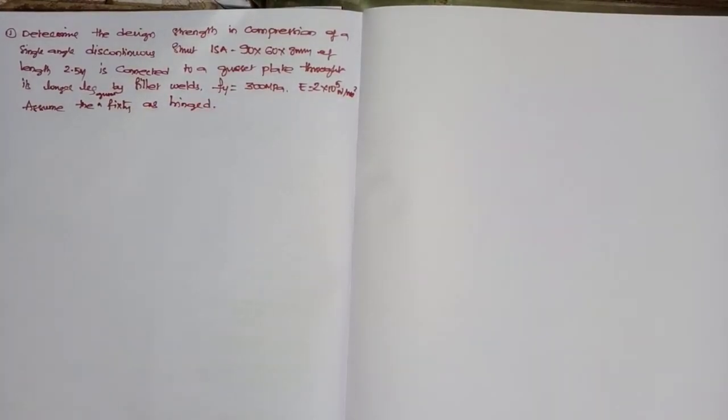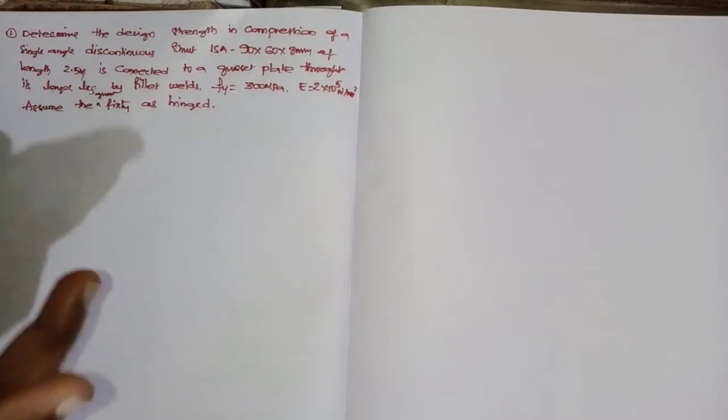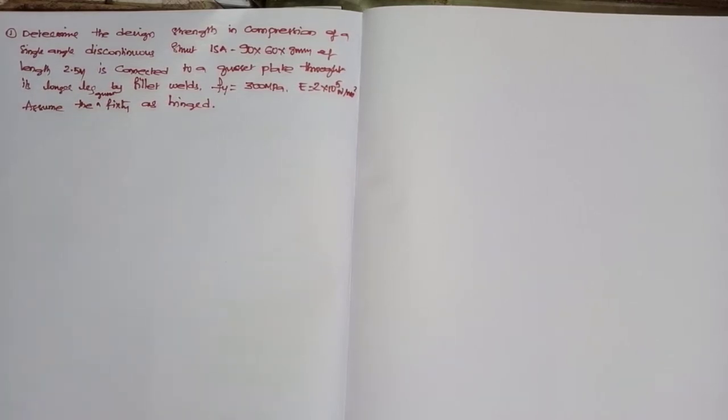Now what is this continuous and discontinuous member? Suppose if you take high tension towers, in that you will be having compression members which are discontinuous from each other.